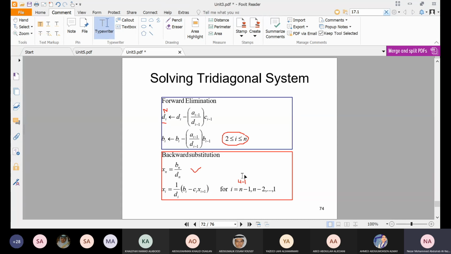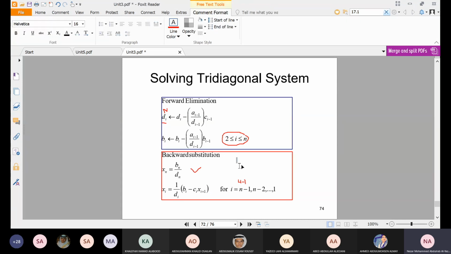So here, for example, I compute x4. This would equal b4 over d4. After that, I will do x3, for example. For x3, substitute 3 instead of i, so I have 1 over d3 multiplied by b3 minus c3 multiplied by x(i+1).